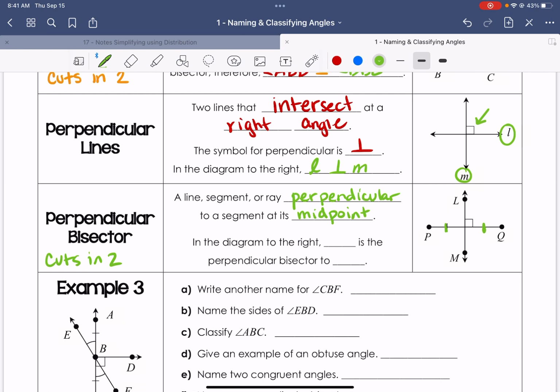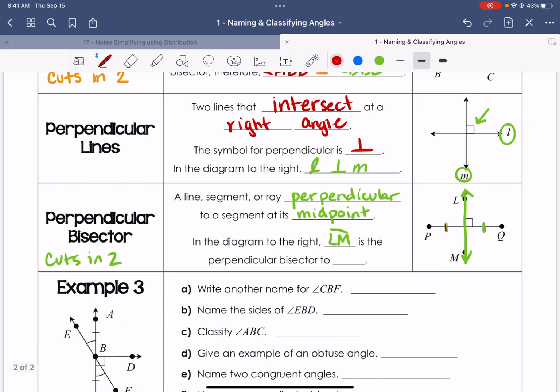Okay, so we can say line LM, that's this line here, put our line over it so we know it's a line, is the perpendicular bisector to, and we know that it's a perpendicular bisector because the dashes mean that it's cut in half, and the right angle box means it's a right angle, which means it's perpendicular. So it's a perpendicular bisector to line segment PQ.